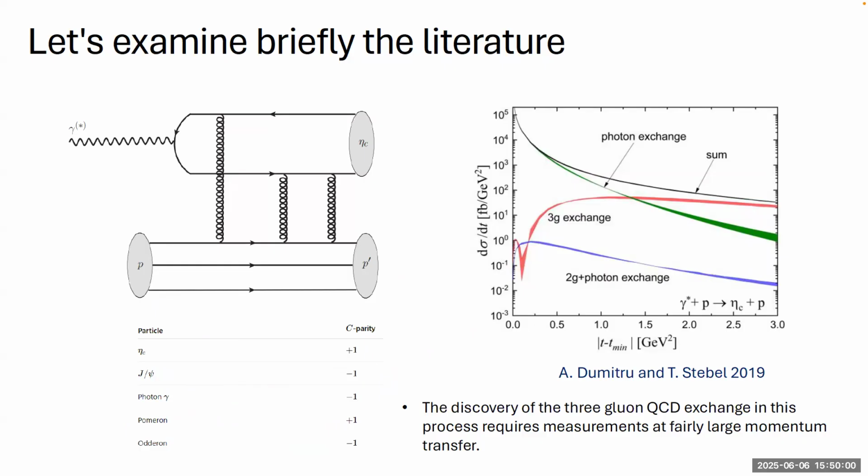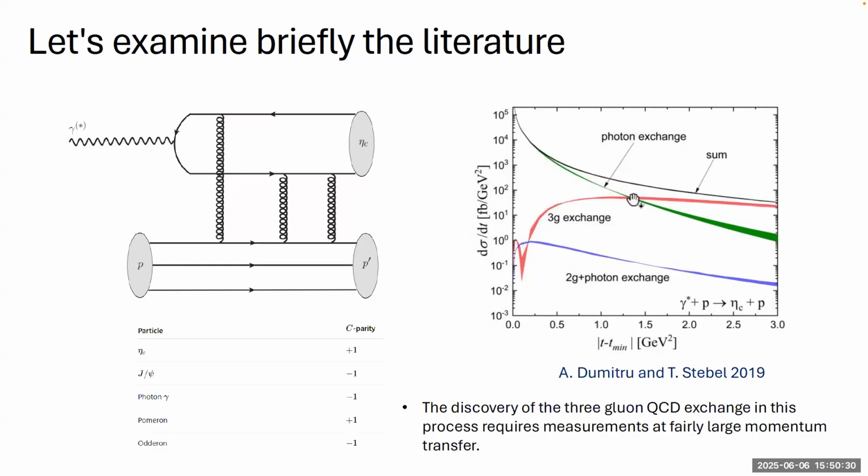So the golden channel to study and discover the Odderon is if you measure eta C meson production. So you think, if I have this meson production, you will find this object. This is the Odderon. So here I took this paper from Dumitru and Stebel, and they did this.